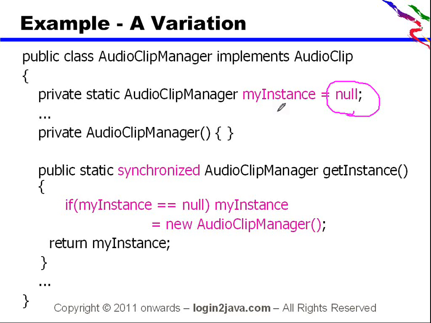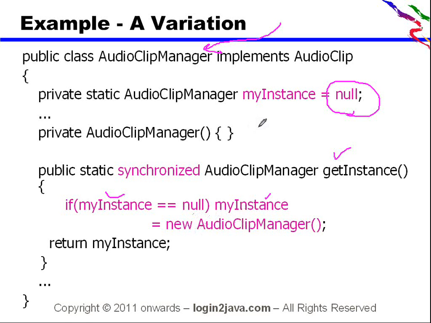It means we are not creating the object when this particular class is loaded into the memory. Instead, we have a getInstance method that checks whether myInstance is equal to null, and then it creates the instance and assigns it to the myInstance variable.